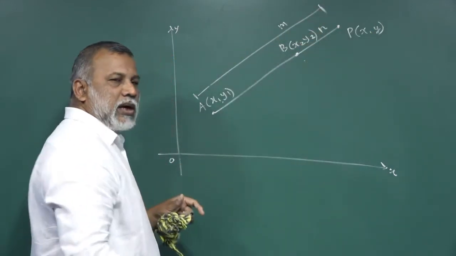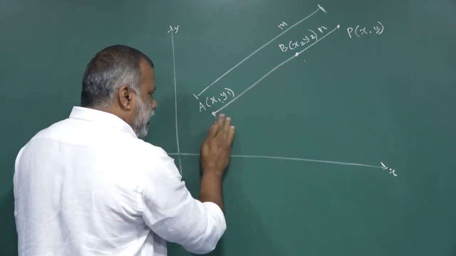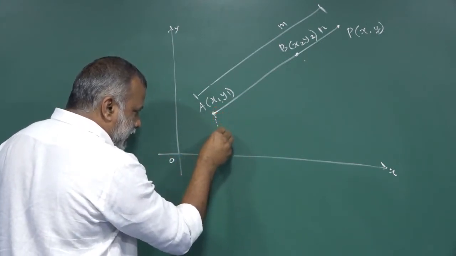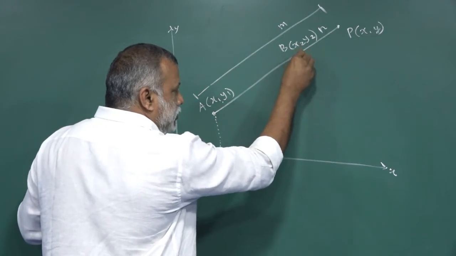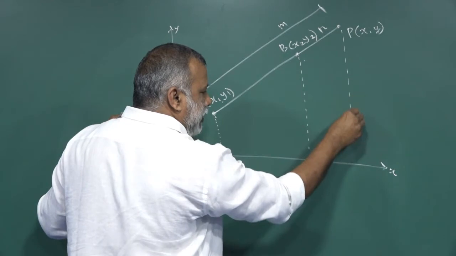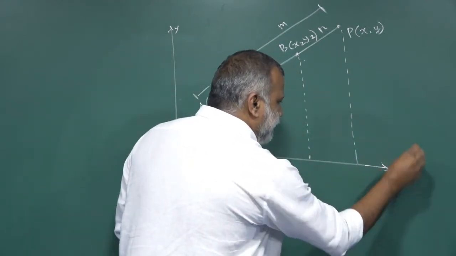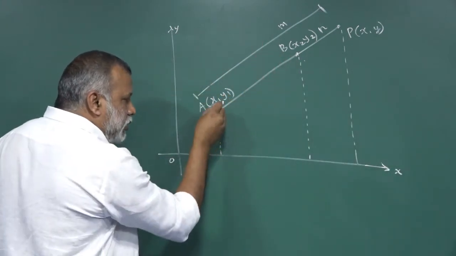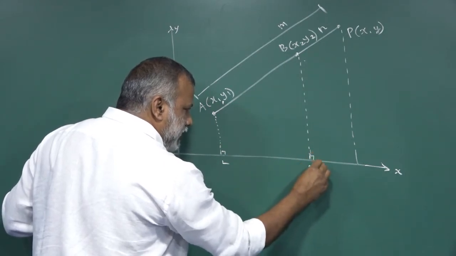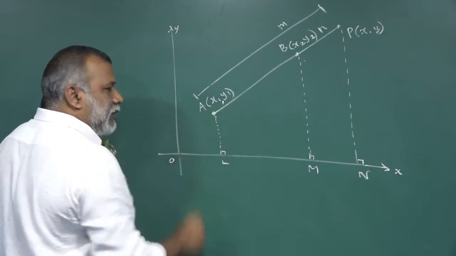Now draw a perpendicular line from this. Once again, we draw dotted lines for a clear idea. Then once again I am drawing a perpendicular line, and from this also I am drawing a perpendicular line. So I am drawing three perpendicular lines from the given points. Now this is the perpendicular line L, then the foot of the perpendicular here is M, and this is N. Now this is x1, y1.